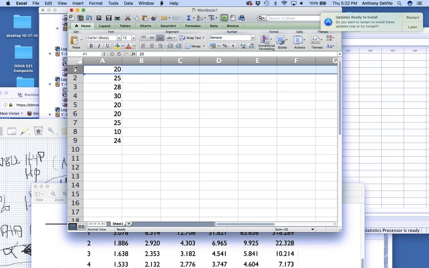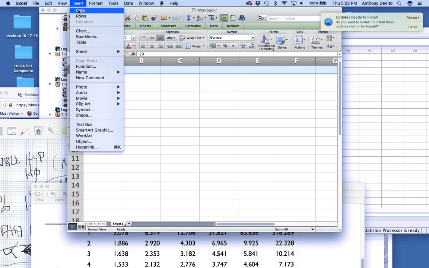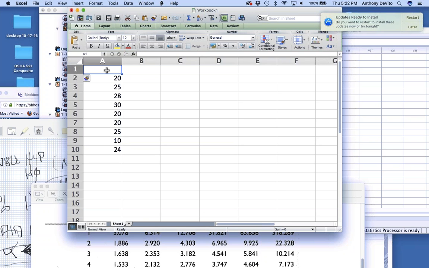I'm going to put an extra line in here, and at the top of this I'm going to say sugary drinks. Notice I didn't put any spaces in there. I started with a letter and didn't put any odd characters, stars, asterisks, underscores, anything like that. I can use letters and numbers, start with a letter, no spaces, no weird characters.